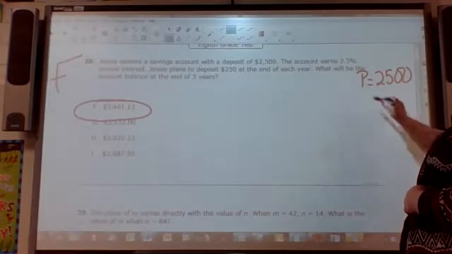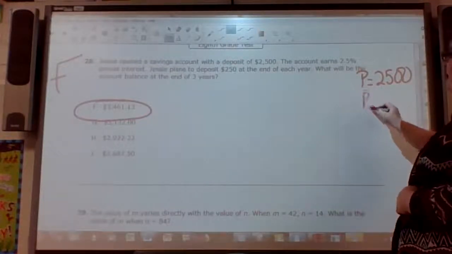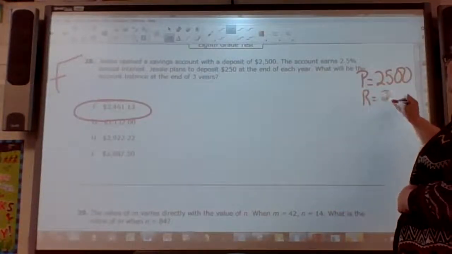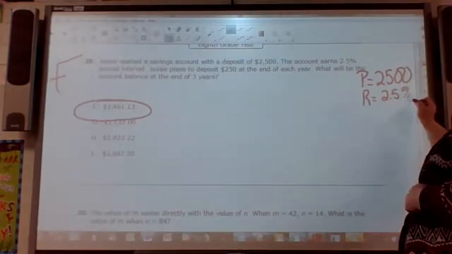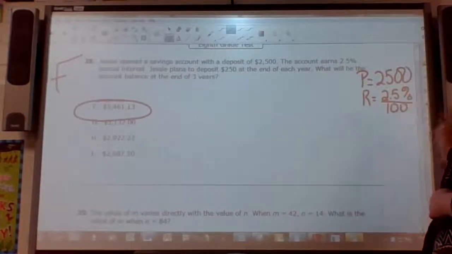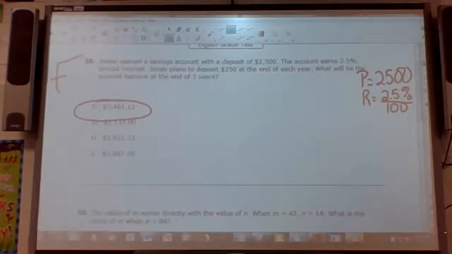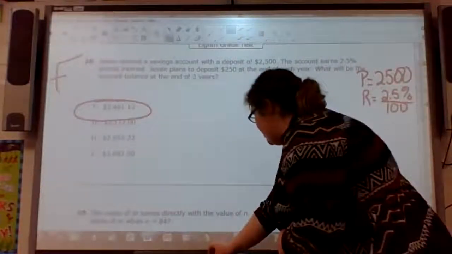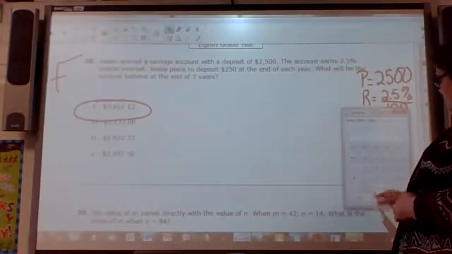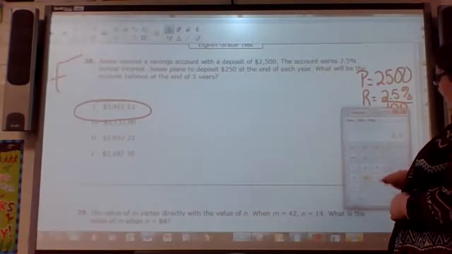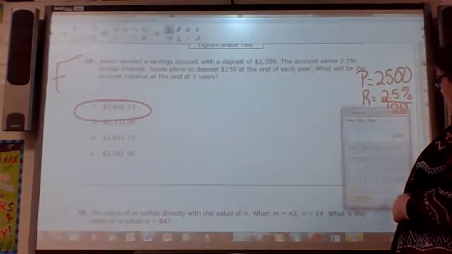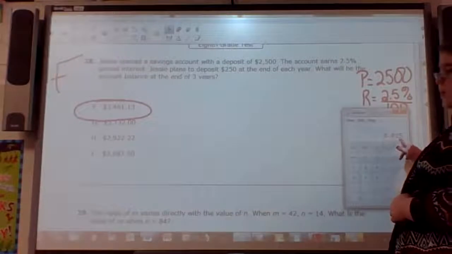The interest rate is 2.5%. That means you have to divide it by 100. So 2.5 divided by 100. I'm going to go do that real quick. 2.5 divided by 100. It has to be a decimal. So it's 0.025.